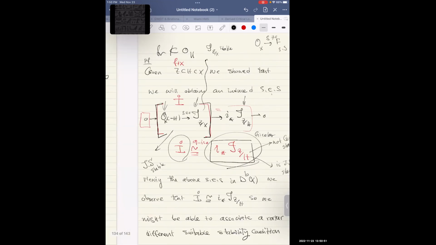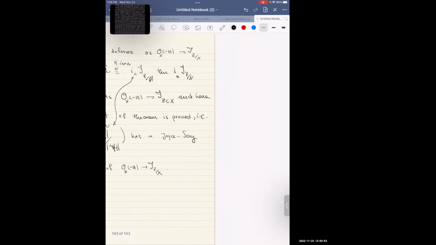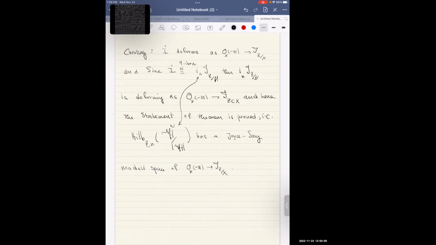Okay, so I'll put this in here. So this is the moduli space of these.